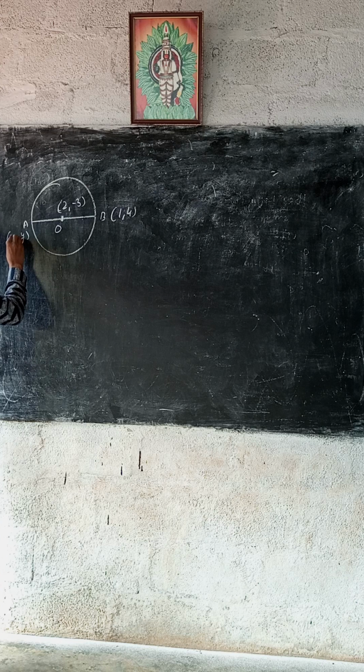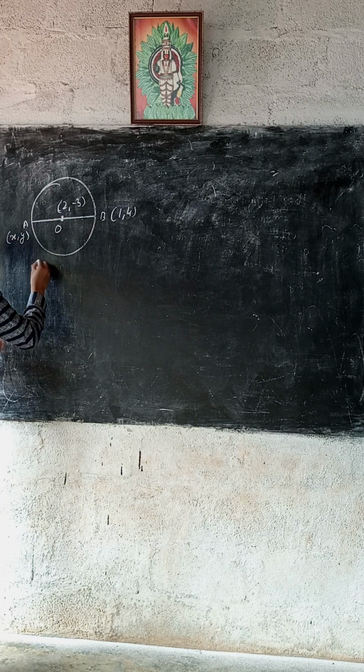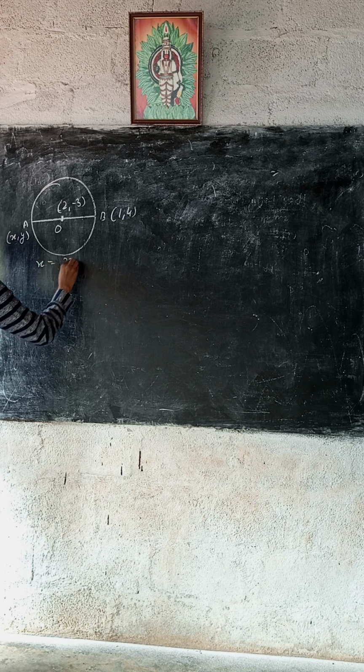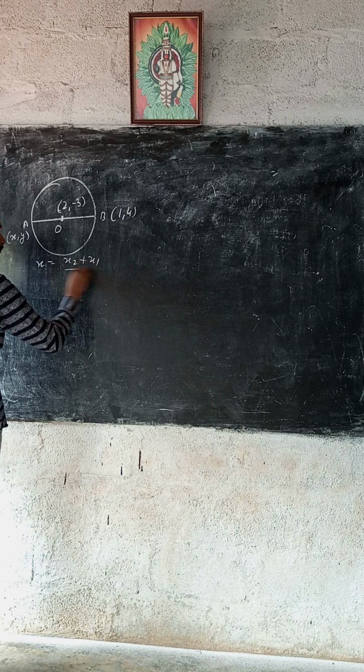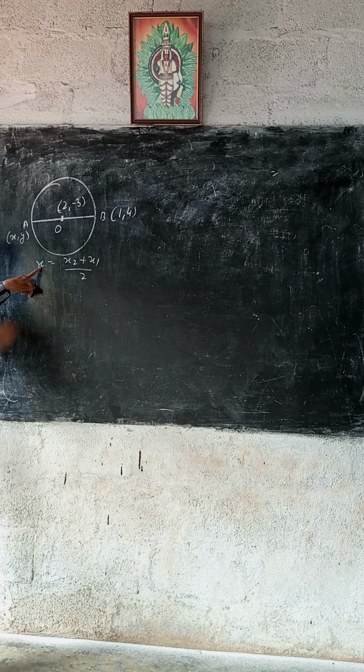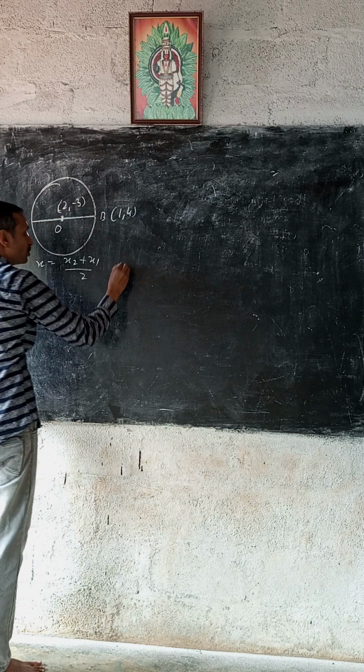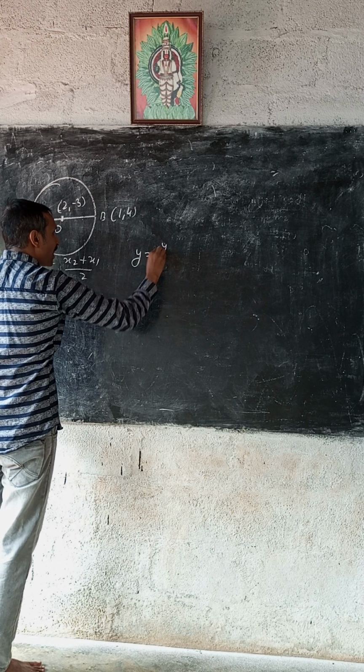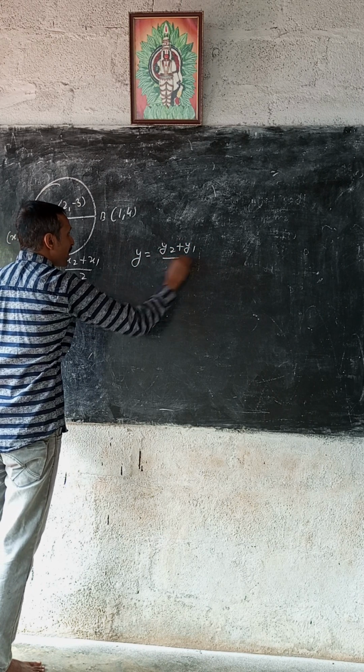Now the midpoint: x is equal to (x2 plus x1) by 2, and y is equal to (y2 plus y1) by 2.